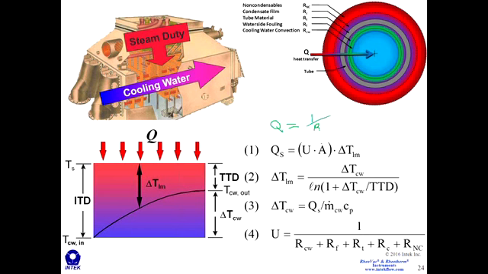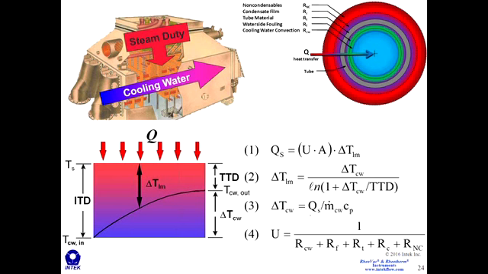U times A is the same thing as 1 over R. And now instead of delta T between points A and B, we have used Fourier analysis to come up with delta T LM, the logarithmic mean temperature, which is the temperature difference between the steam temperature and the logarithmic mean of the cooling water inlet to outlet temperature. And so this is essentially the same equation. There's the equation for the logarithmic mean.